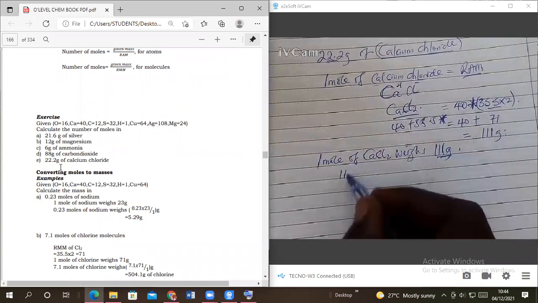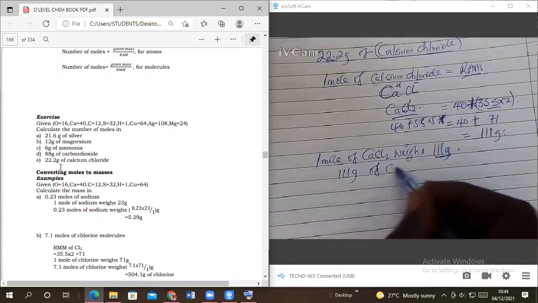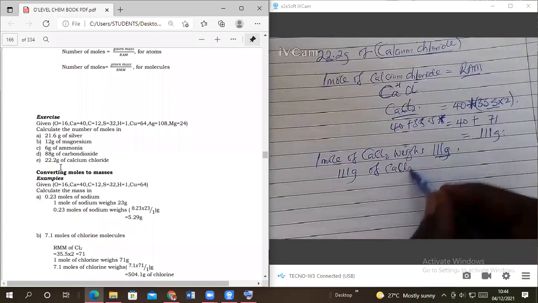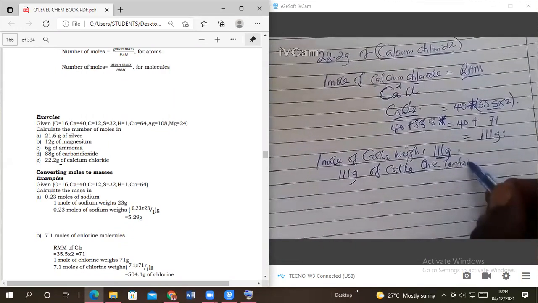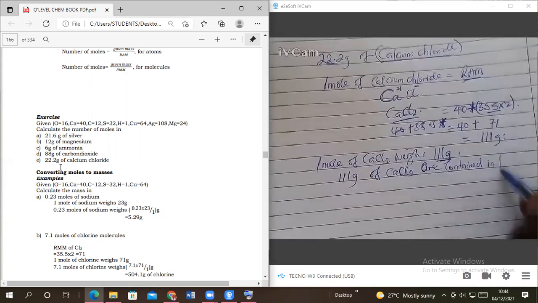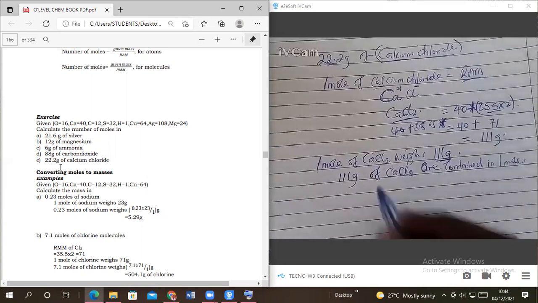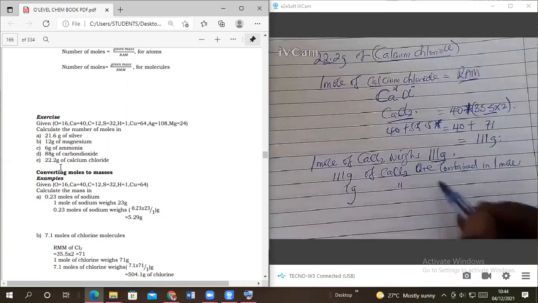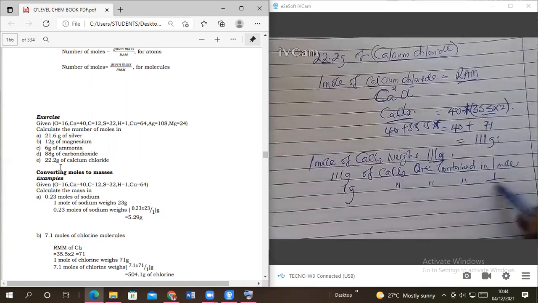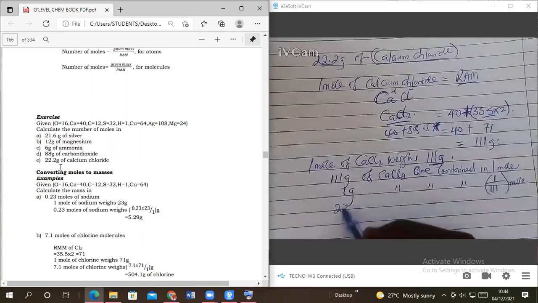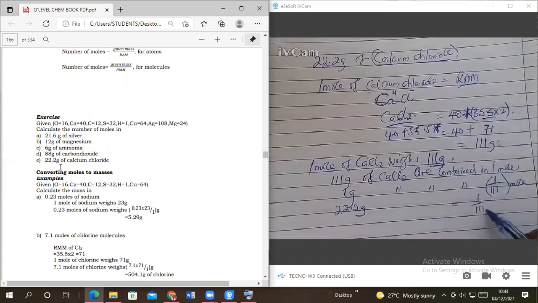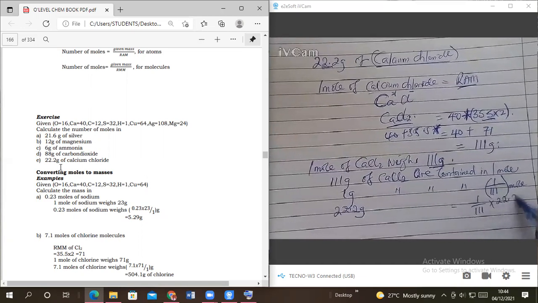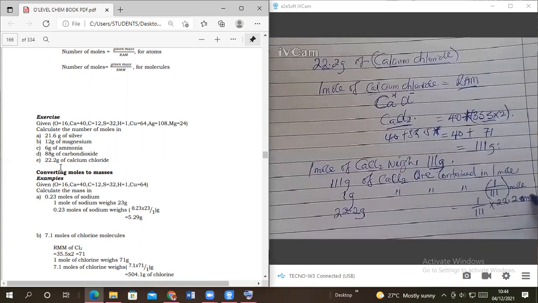So you say 111 grams of calcium chloride are contained in 1 mole. What about 1 gram of calcium chloride? It is contained in 1 out of 111 moles. What about 22.2 grams? So this one will be 1 out of 111 times 22.2 moles.